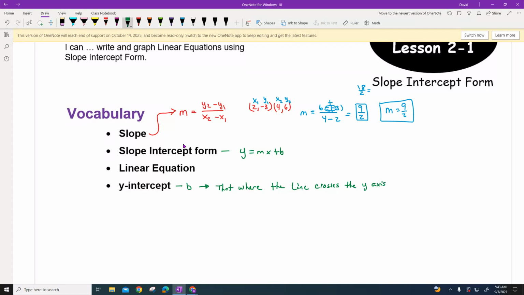Okay, so very important, this part and this guy, 2 parts of this equation right here that's going to help us graph, and then if they give us a graph, it's going to help us write the equation, or if it's a word problem, then we'll find the slope, and then we'll go and find out how much was on the card, gift card or something first. These 2 guys are very important that we need to understand what they are. Linear equation just means a straight line.